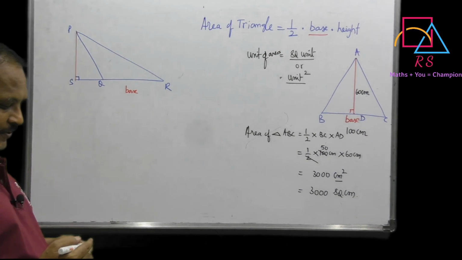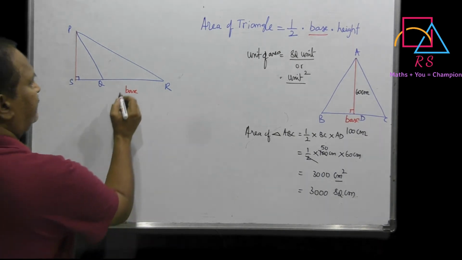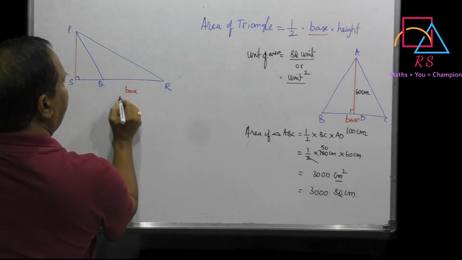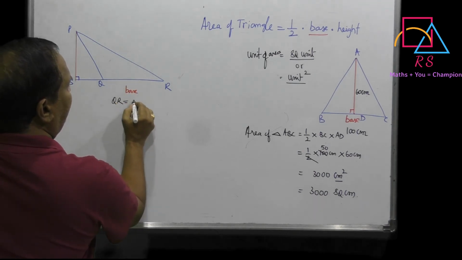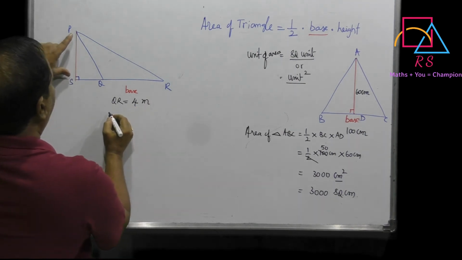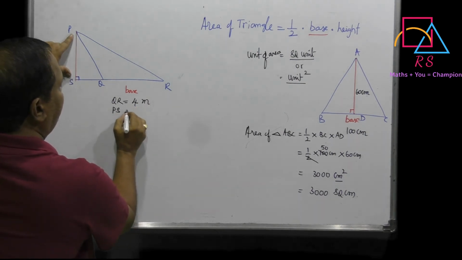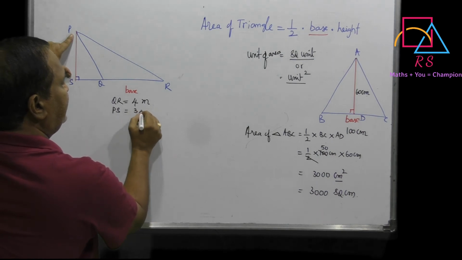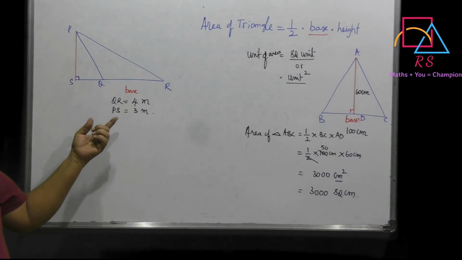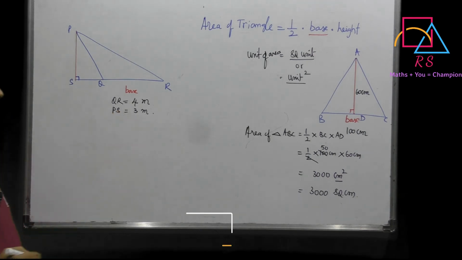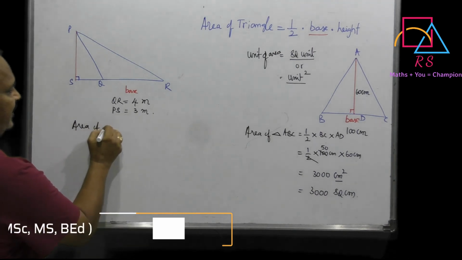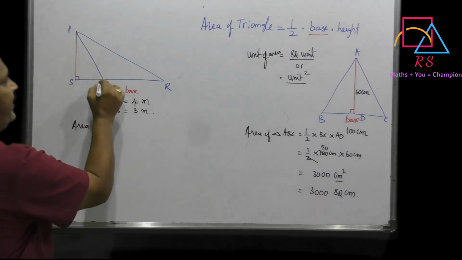Same way, let us find out the area of this figure also. So now here the base QR is equal to, let us say, 4 meters and PS is equal to 3 meters. Sometimes it can be given like this also. Now let us find out the area of triangle PQR.